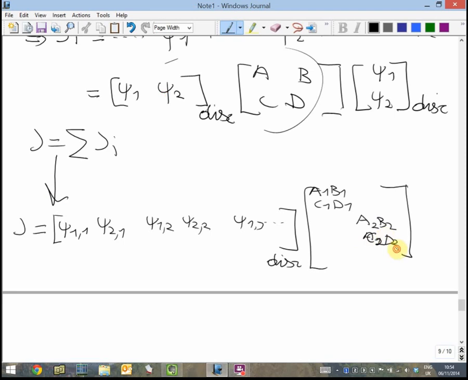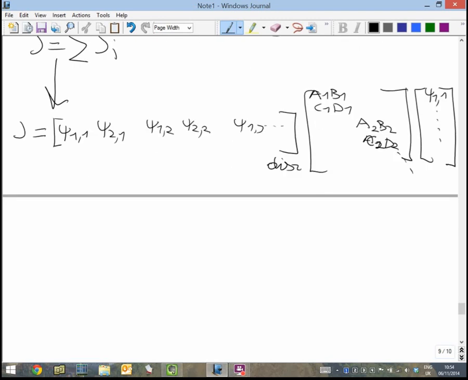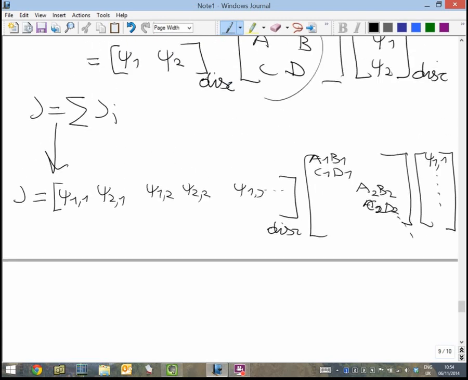You actually build this block diagonal matrix, and then you have the same things here, but in a column vector. Again, this looks a bit more unwieldy, but if you want to work with a computer, it is much more straightforward to do it like this.